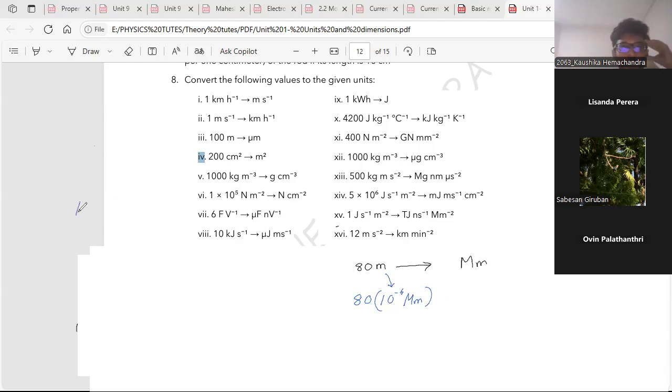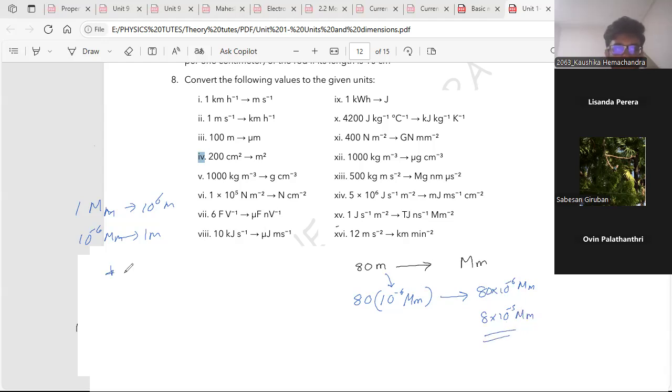So 1 meter would be 10 to the power minus 6 megameters. ඒකයි අනිත් පැත්තට එන්නේ, අපි එතන -6 ගන්නේ ඒකයි. කන්වර්ට් වෙන පැත්ත කල්පනා කරලා power එක දාන්න ඕන. So it's 80 into 10 to the power minus 6, that is 8 into 10 to the power minus 5 megameters.